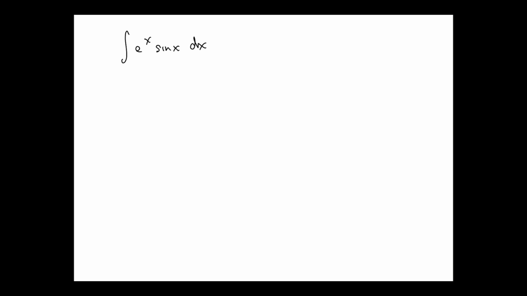So e to the x sine x. Choose your u and your v. See what you think would be a good choice, and then start to execute the integration by parts process. See what happens. So we'll just take a couple minutes, see what you think you might get here.